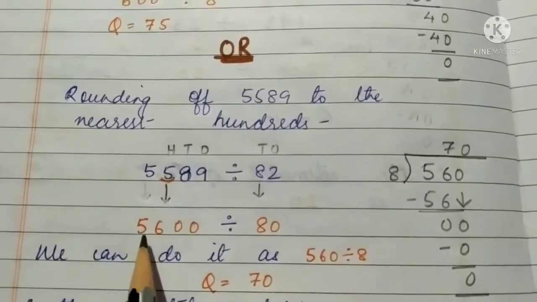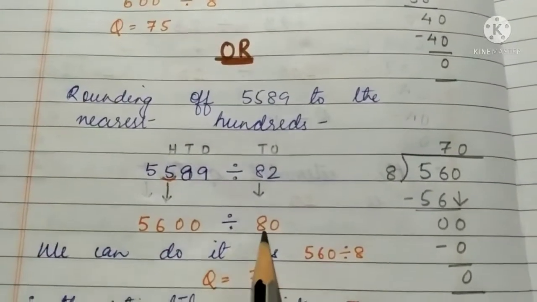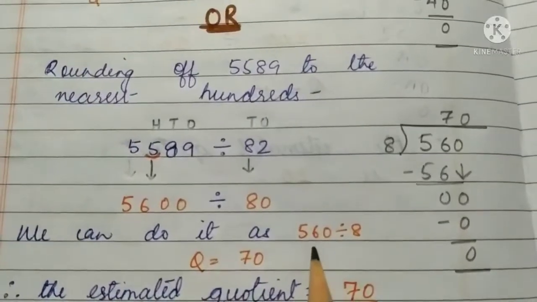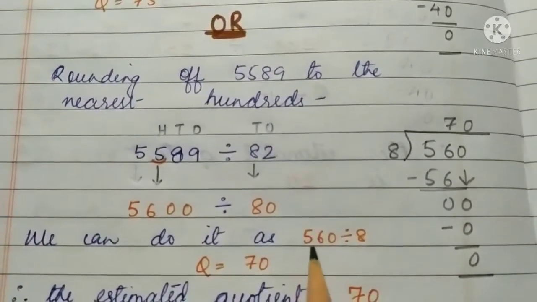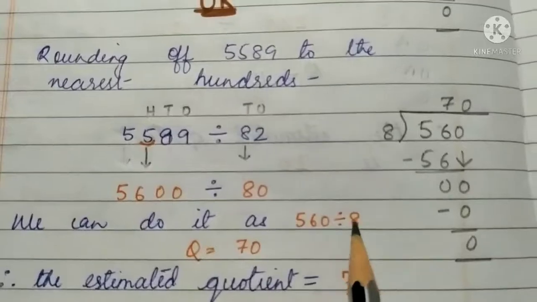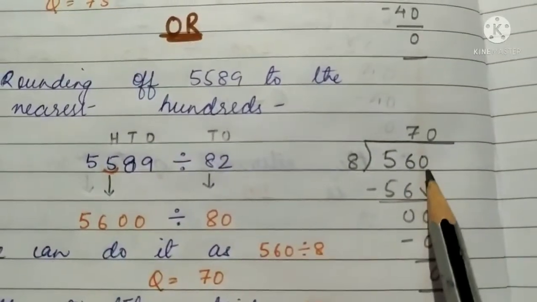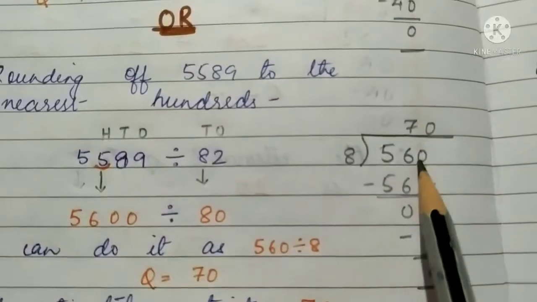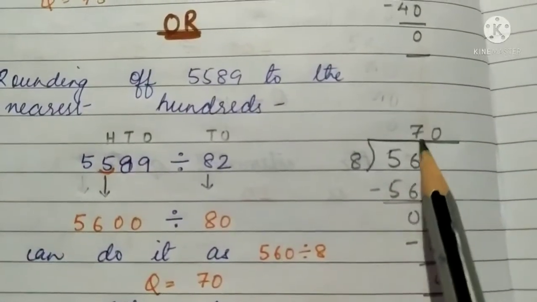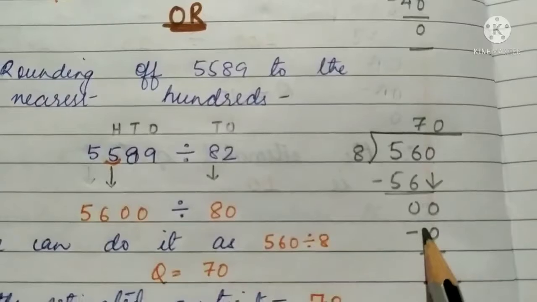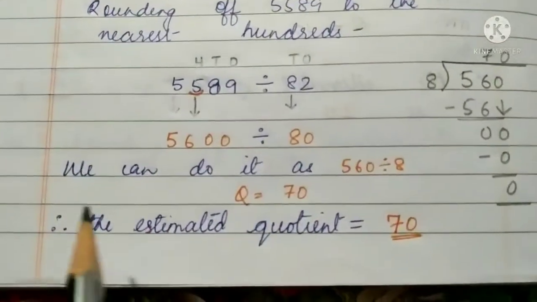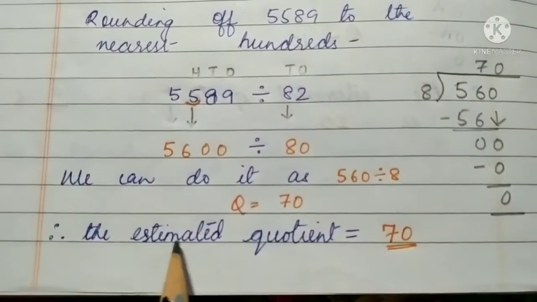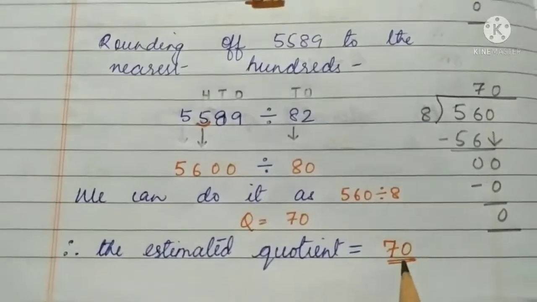Now 5,600 divided by 80 can also be solved as 560 divided by 8. So after dividing this estimated dividend 560 by 8, we have obtained 70 as our estimated quotient. So we can write here, therefore the estimated quotient equals 70.